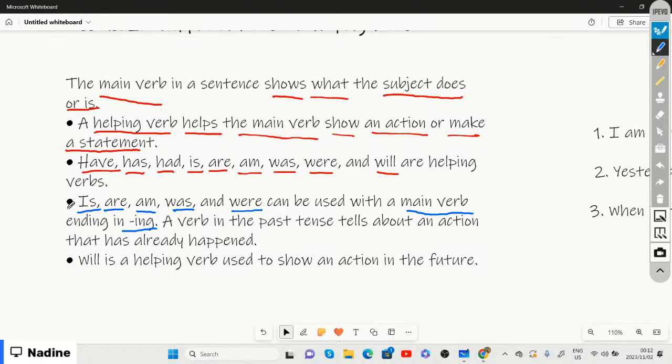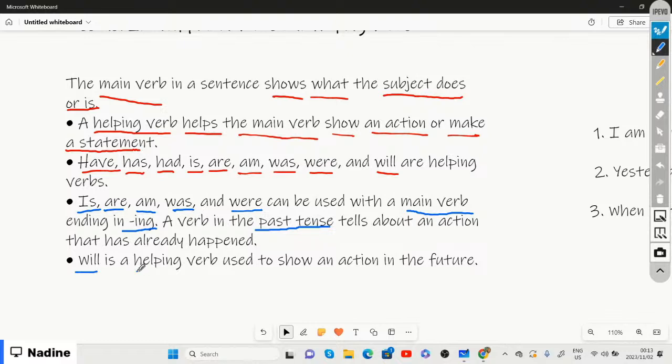So these words, which are is, are, am, was, and were, which I've just explained and made an example of each, can be used with a main verb which ends in ing. And it tells us about an action that already happened. And if we use words like will in front of our main verb, right?